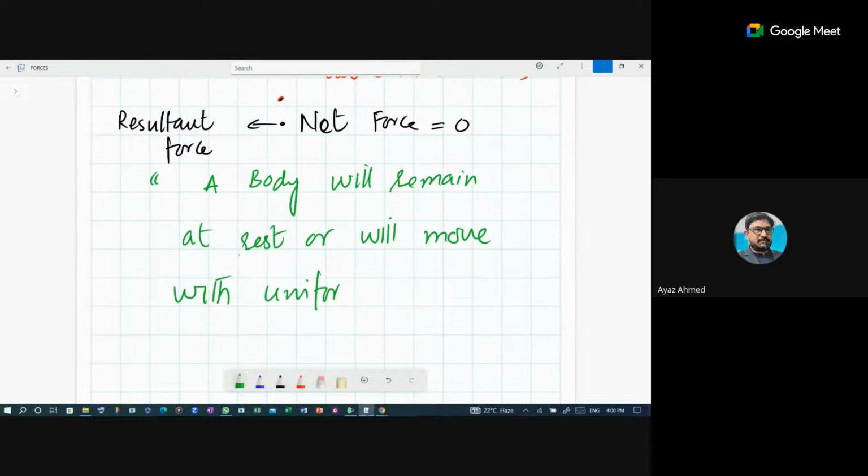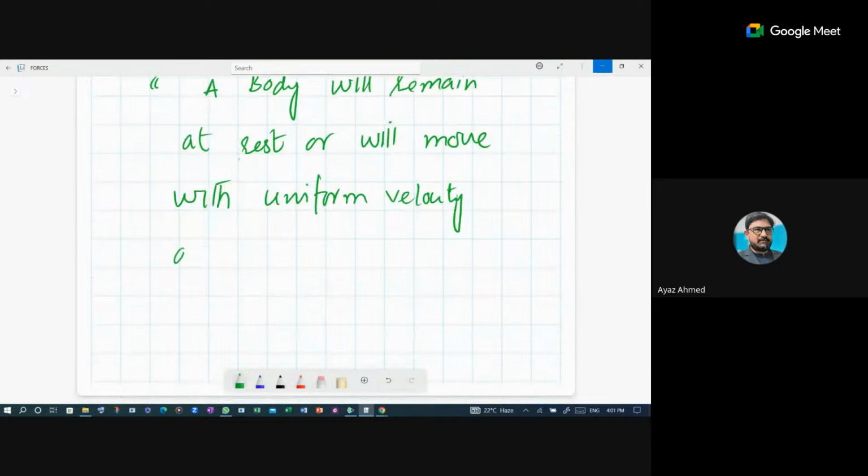Right? So it is basically in the absence of a resultant force. Until and unless a resultant force acts upon it.